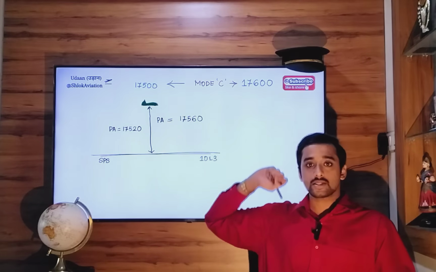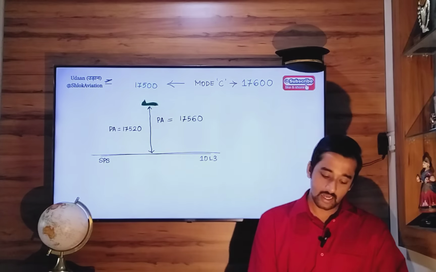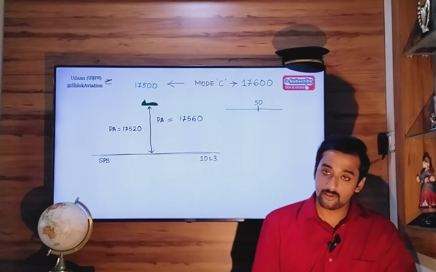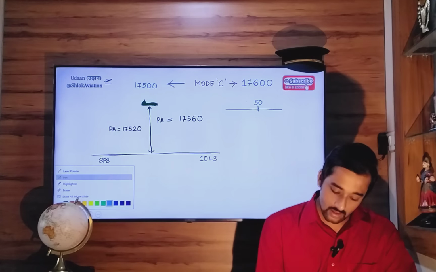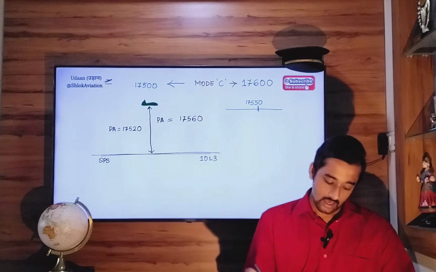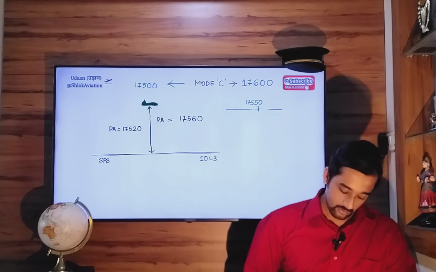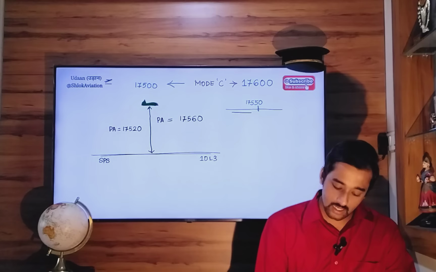560 becomes 600. That means any number which is less than 17,550 will be reported as 17,500 feet.